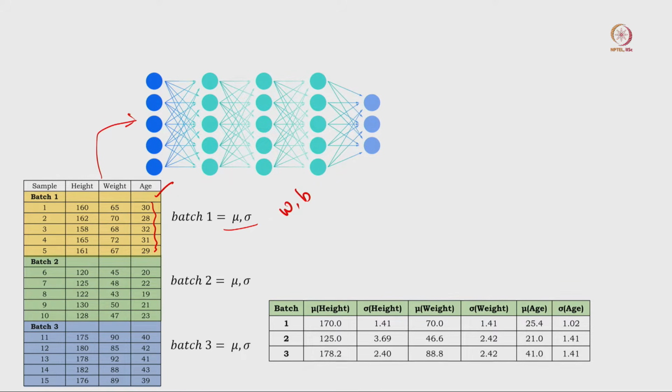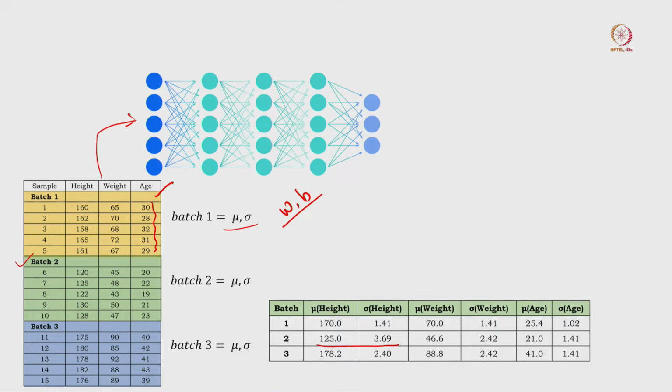Once the model has adjusted its weights and bias for this mean and standard deviation, you pass the second mini batch. For this second mini batch, the values are completely different, because its mean and standard deviation are now different. Then the previous adjustments the model has made will no longer fit this new pattern.